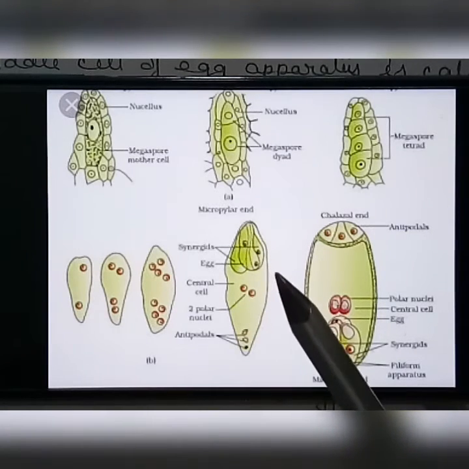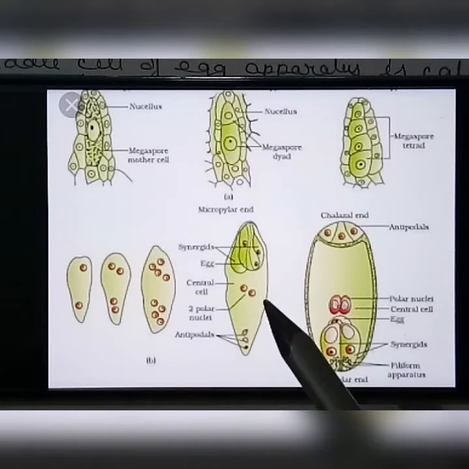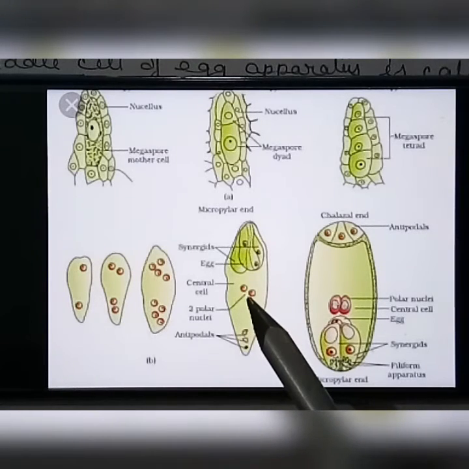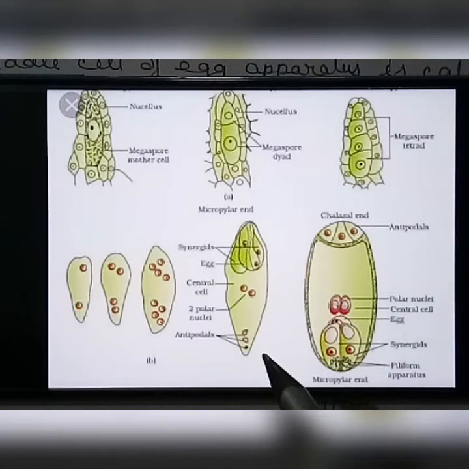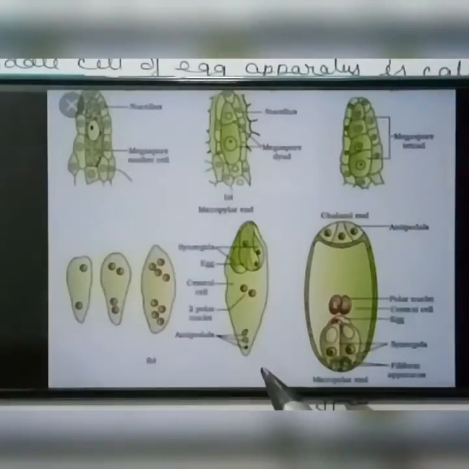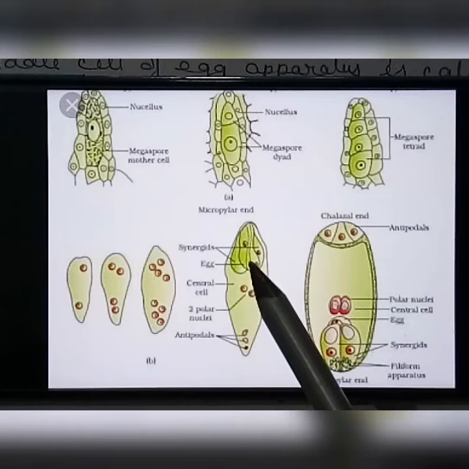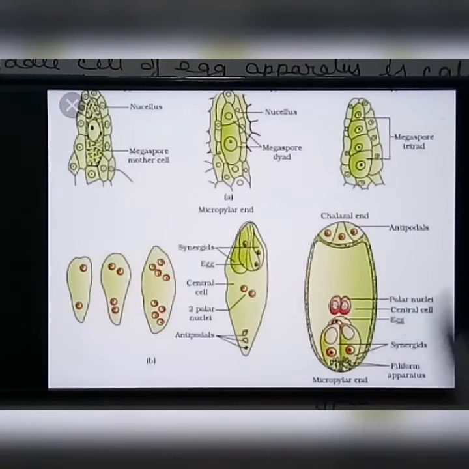One nucleus from each group comes to the center to form the two polar nuclei. The remaining 3 nuclei at the chalazal end form the antipodal cells. The 3 nuclei at the micropylar end form the egg apparatus.